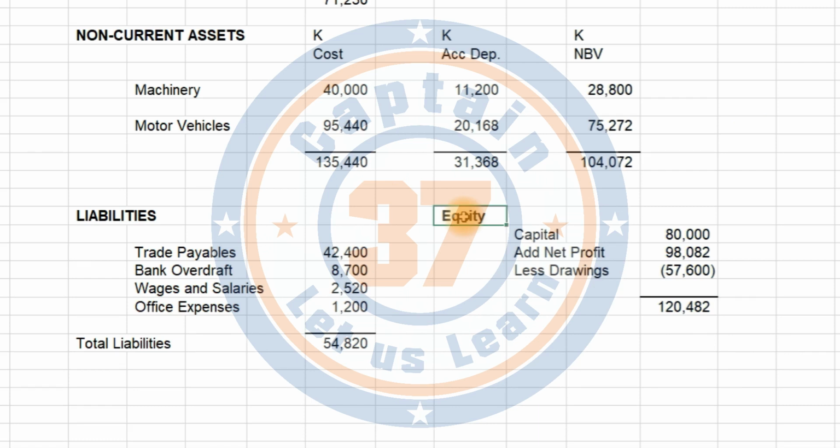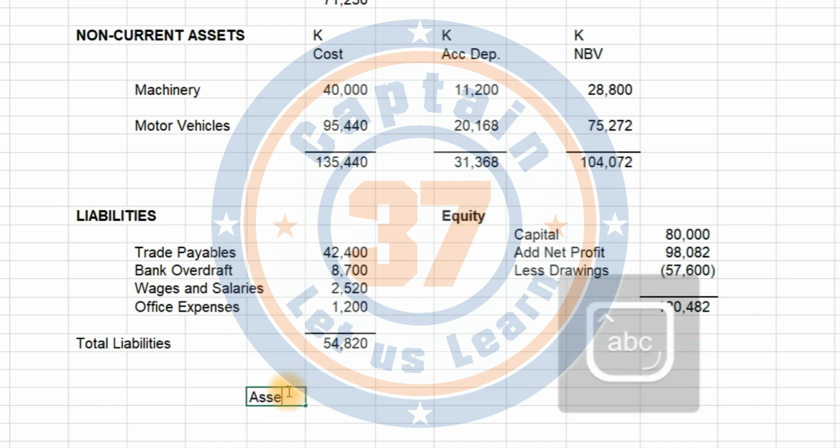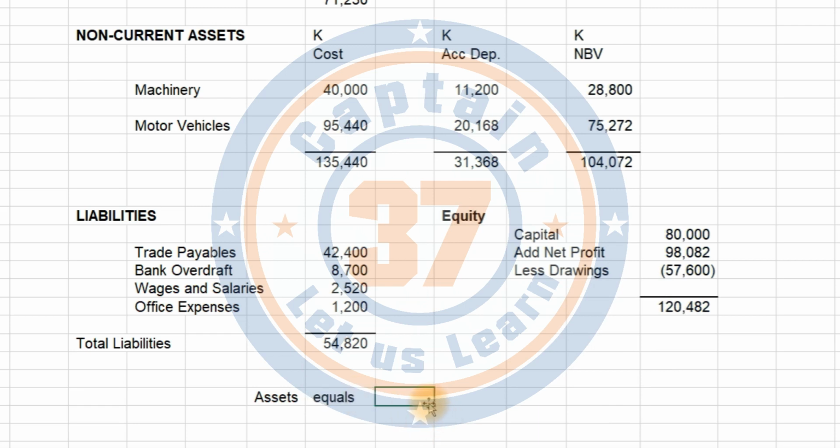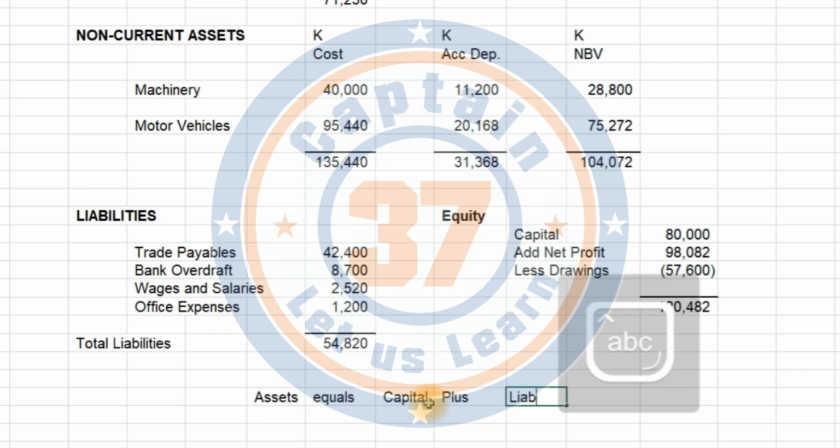How do we know that what we have done is correct? This is where we apply the accounting equation. And the accounting equation, remember, is assets equals capital plus liabilities.